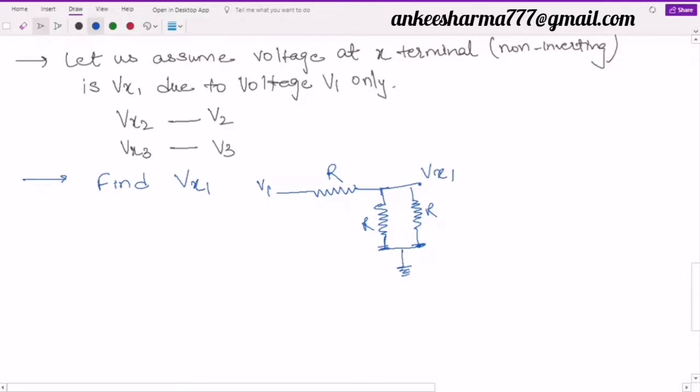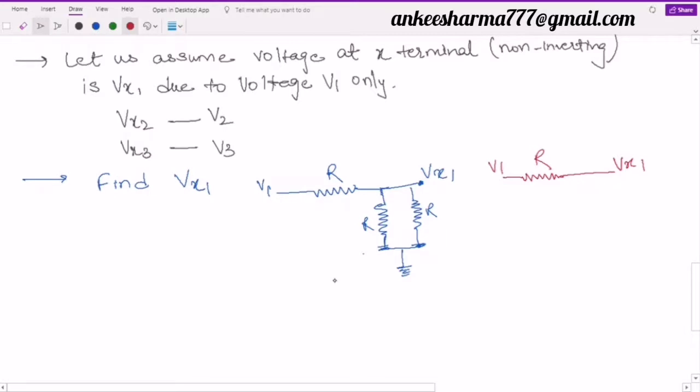So now next is to find the value of Vx1. What is the value of Vx1? How will we find it? Now if you look here, if I have to simplify this diagram, can I simplify it by calculating the combination of these two resistances? This R, this is V1.